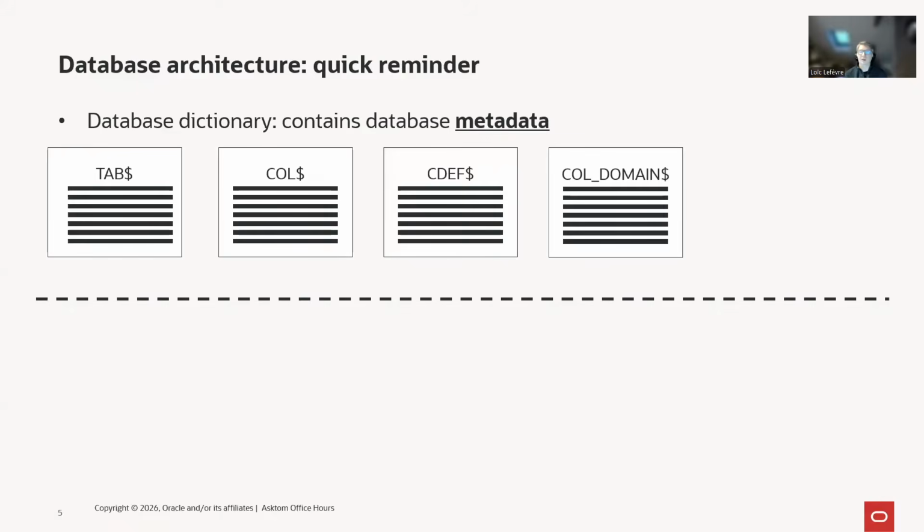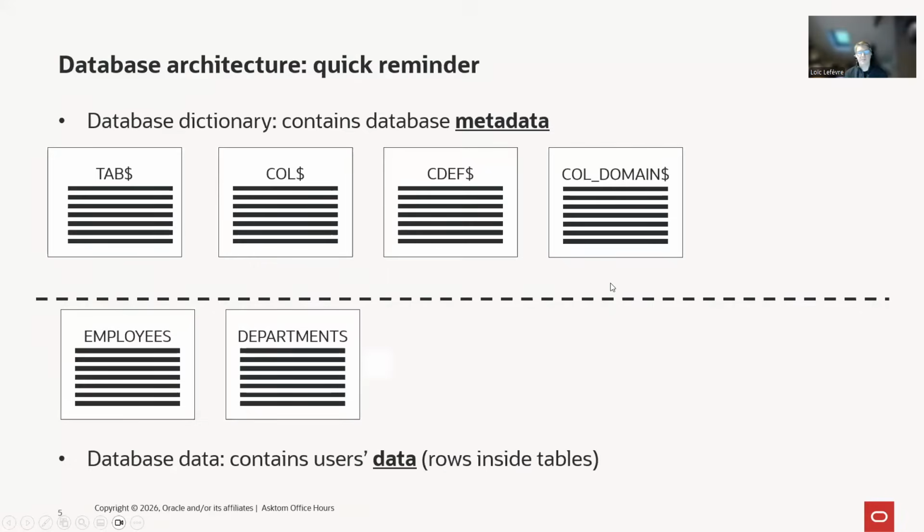This contains the database metadata, and here you can see some internal tables, like tab$, which contains a list of tables in the database, the columns, the constraint definitions, and the domains associated to columns. And at the bottom you have the database data, which essentially are just rows inside tables.